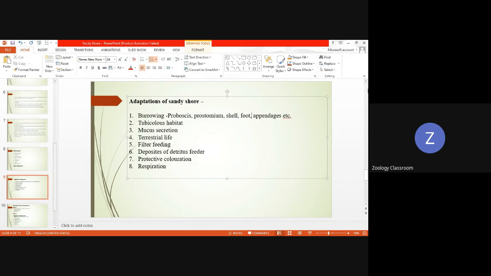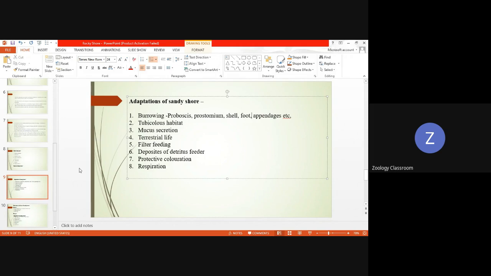When sandy shore animals remain buried, respiration is carried out by tubes which project above the surface of the sand. When Albunea remains buried, the two antennae are held together so that they form the respiratory tube through which the respiratory water is taken in.